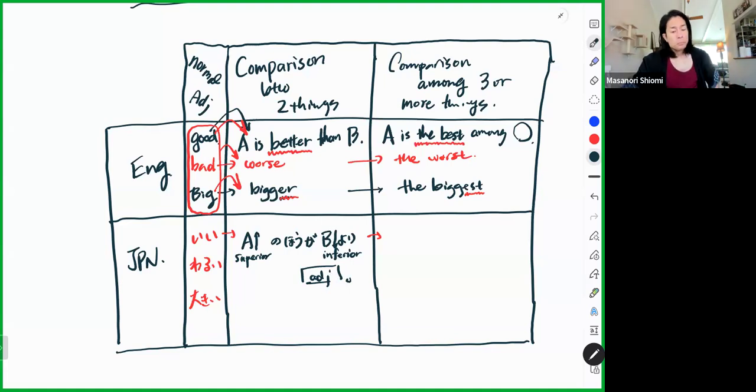For example, マクドナルド、McDonald's の方が バーガーキング、バーガーキングより美味しい。For example, 美味しいです to be polite.